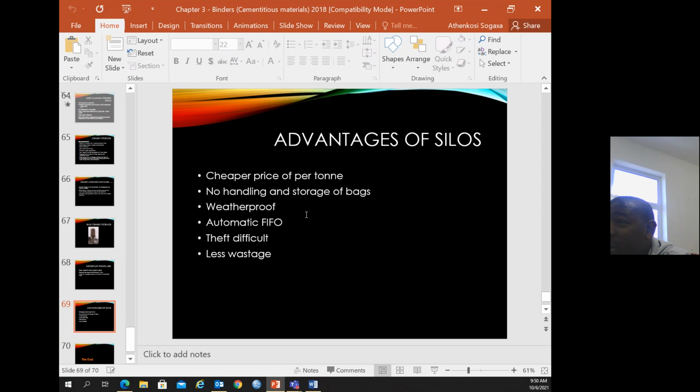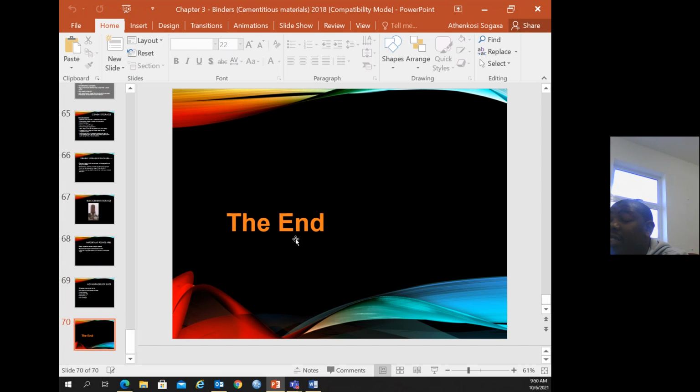The advantages of the silo tank are a cheaper price per ton, no handling and storing, because you put your cement and it goes into your silo tank. It's weatherproof. There is no theft, with people stealing the cement on site, less wastage, and that comes to the end of these slides.